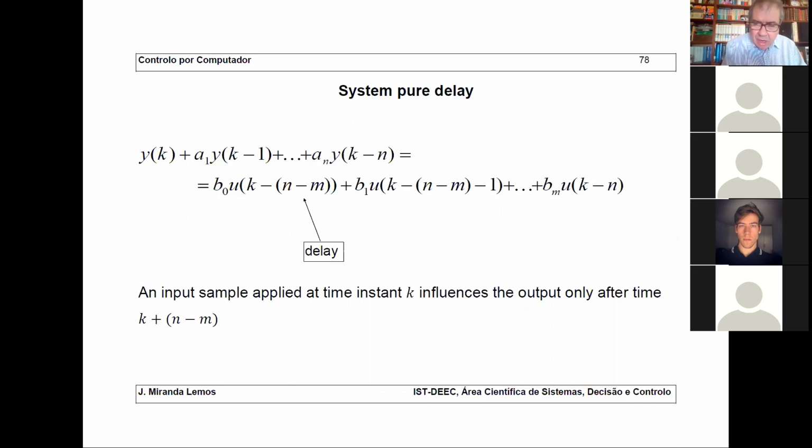And all the time in industry, you find situations like this where you have long pipes, and this imposes some delay, and sometimes the flow is not constant. So now you have one delay, later you will have a different delay.